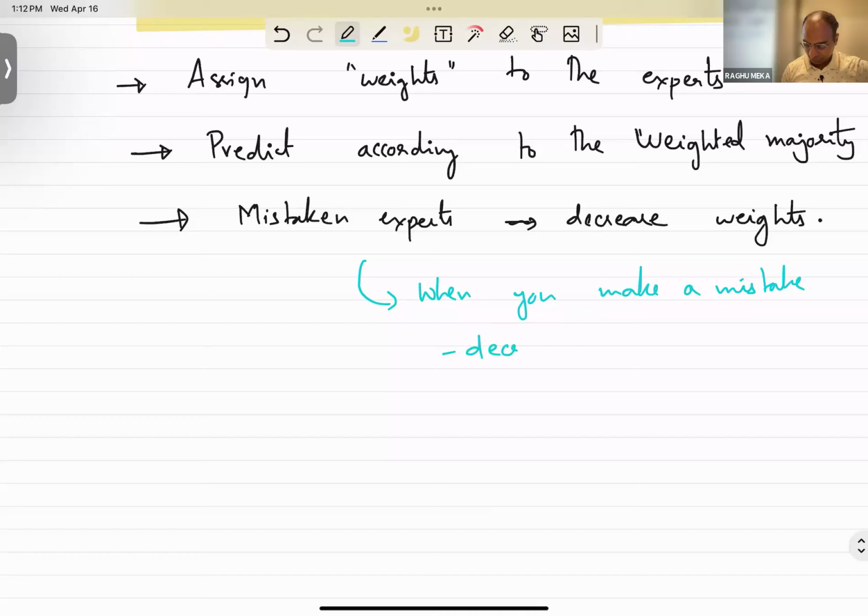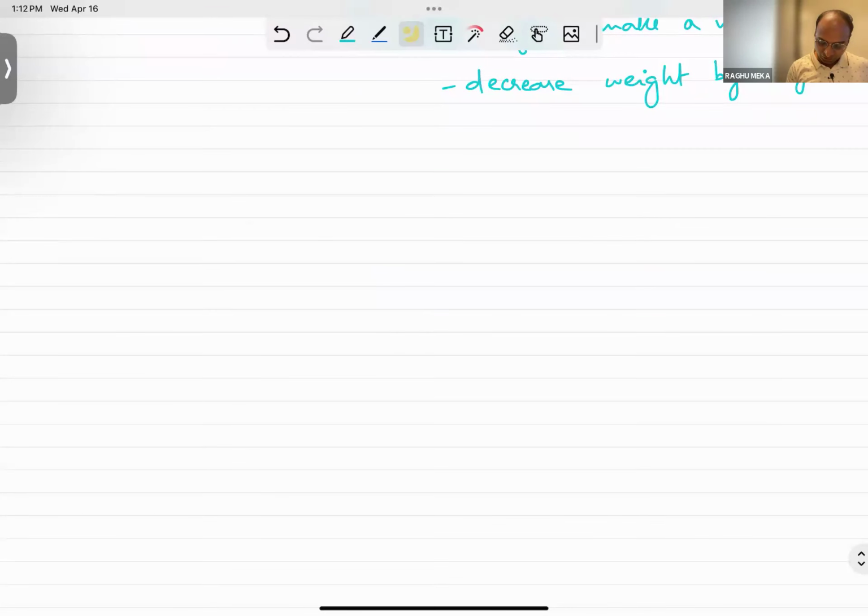Decrease weight by half. You can even make this half a constant that you can tweak. Maybe every time they make a mistake, I say, okay, your weight decreases by a factor of 0.9. All right. And this is exactly the follow the weighted majority algorithm.